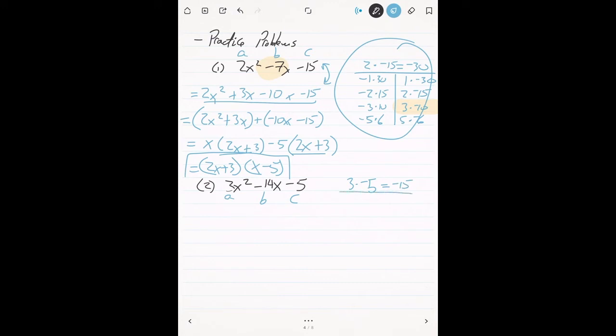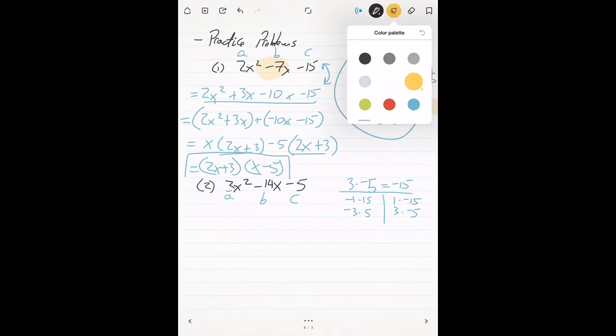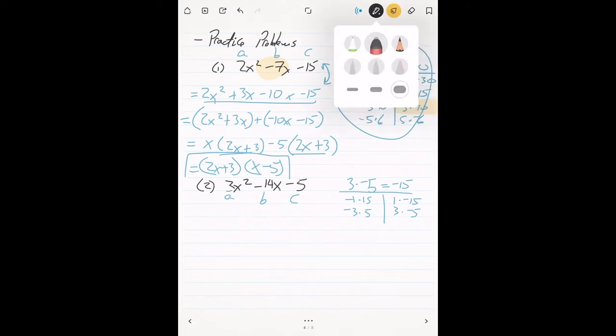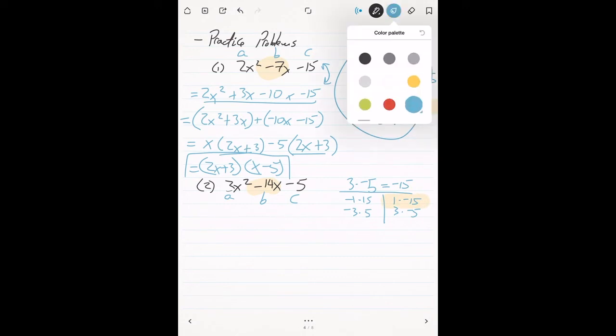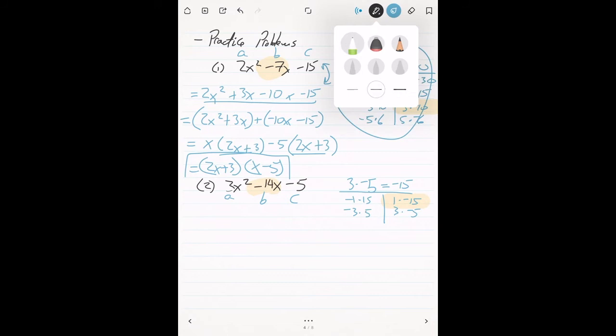We can list its factors, negative 1 times 15, negative 3 times 5, and then we can list the other factors of 1 and negative 15, 3 and negative 5, and we have to decide which of these is going to add to give us the B term of negative 14. Well, since it's negative 14, I want positive 1 and negative 15. Those are going to add together to get me what I need.